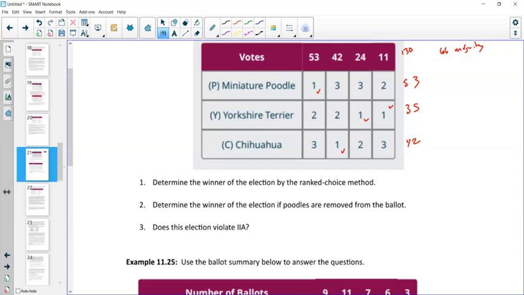So dropping the Yorkshire Terrier, it has the least number of votes. This becomes 2, this becomes 2, this becomes 2, this becomes 1, this becomes 1, this becomes 2. And now I'm looking at 42 plus 24, which is 66, and 64. Chihuahua wins.